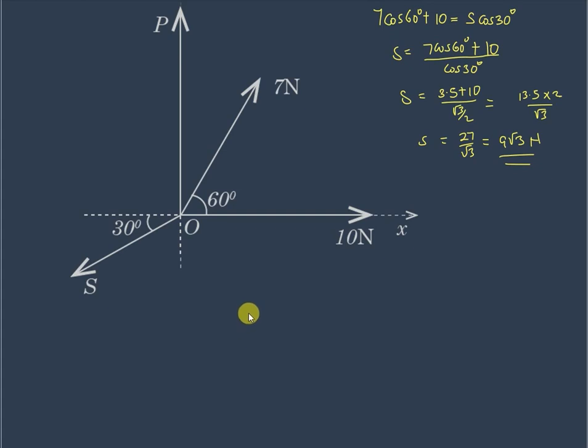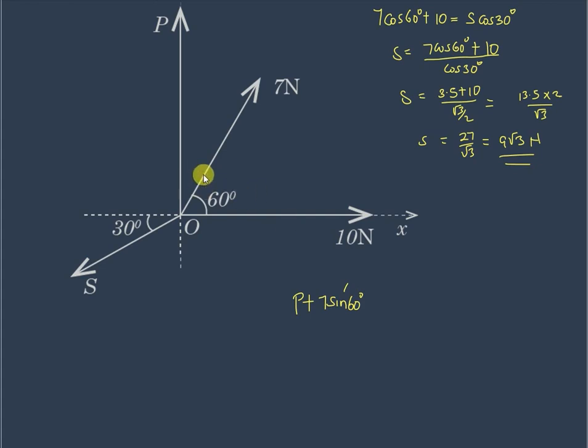So we are going to have P, that one is just P, because for it is acting vertically upwards, there is nothing else there. But the vertical component of 7 is 7 sine of 60 degrees.